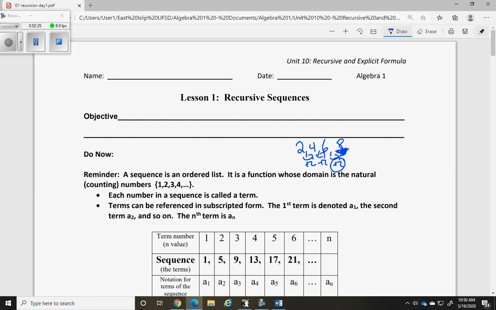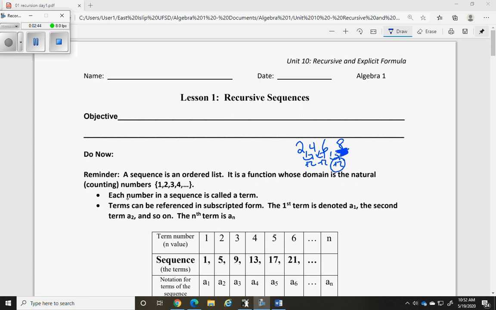You learned what this 8 was based off of what was given to you before. So hopefully I've just eased your mind about you actually already knowing how to do this. It's the notation that you're going to have to work on.